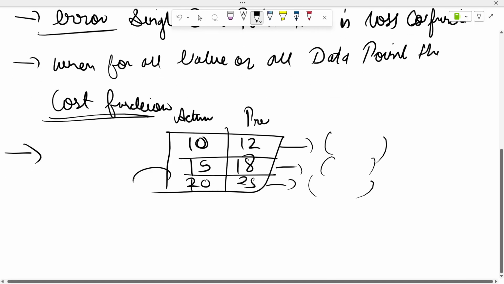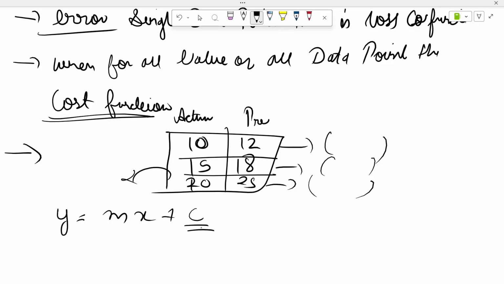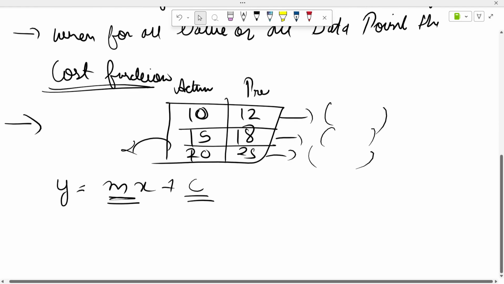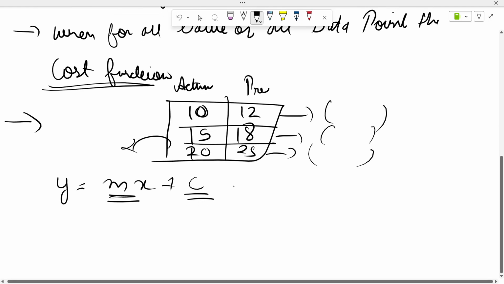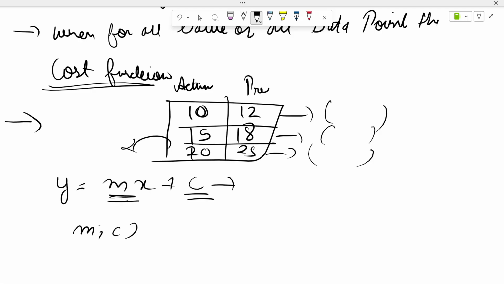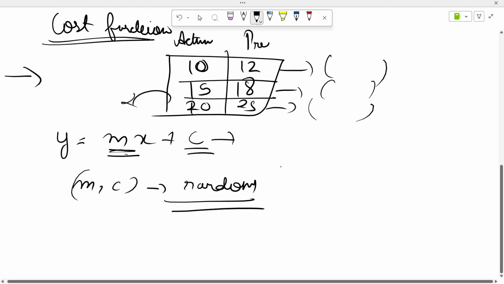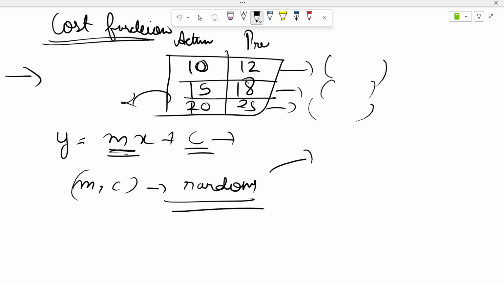Now how did you calculate? You got some value mx plus c. So how do you start learning in machine learning models? Initially you assume some random values of m and c and calculate for the training data, since this is the data you will use to get the best values of parameters m and c such that it can fit the data.